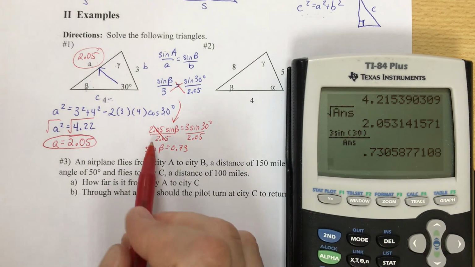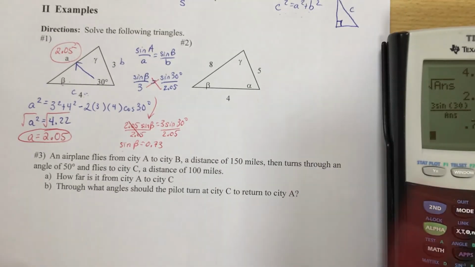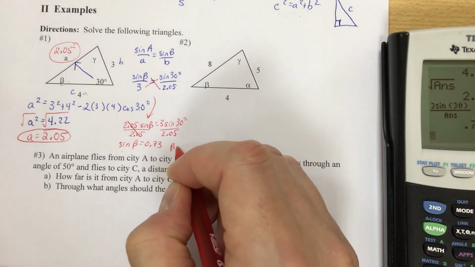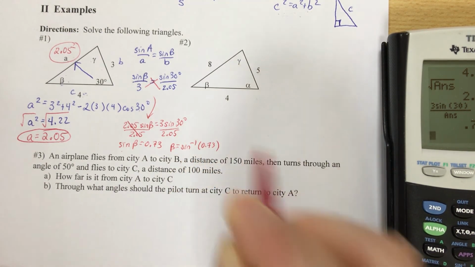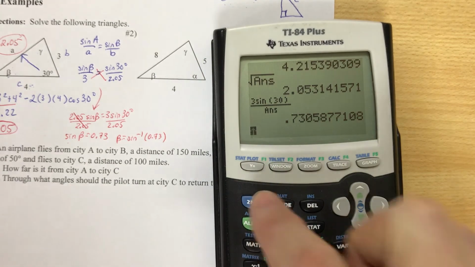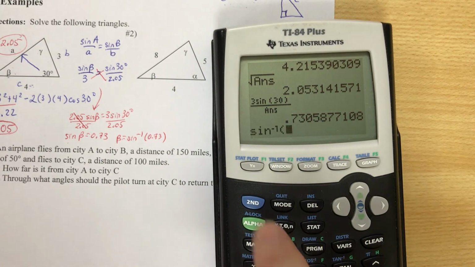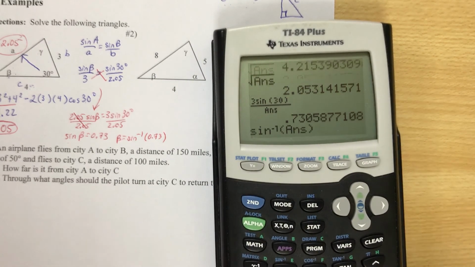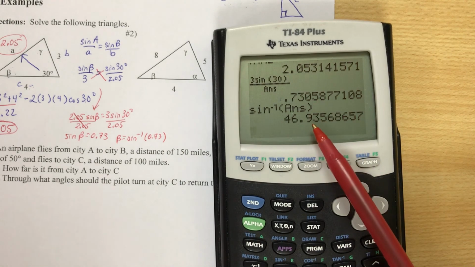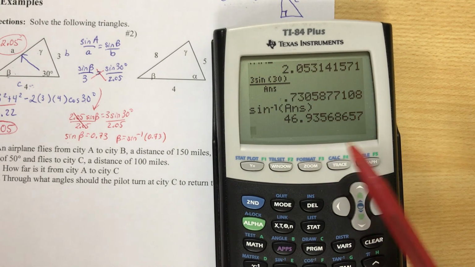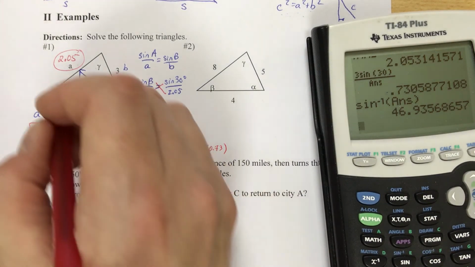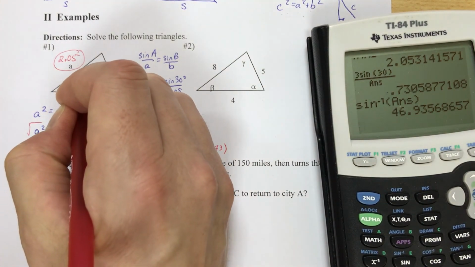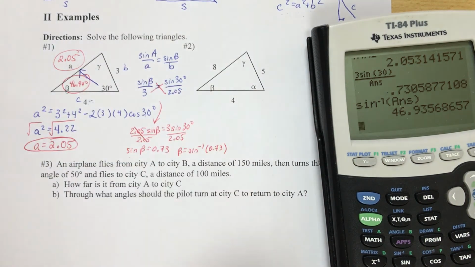So to do that, I have to take the inverse sine of both sides. So I'm going to have beta equals the inverse sine of 0.73. So inverse sine of my answer, and we get 46.94 degrees. So beta is 46.94 degrees. That's my second answer there.